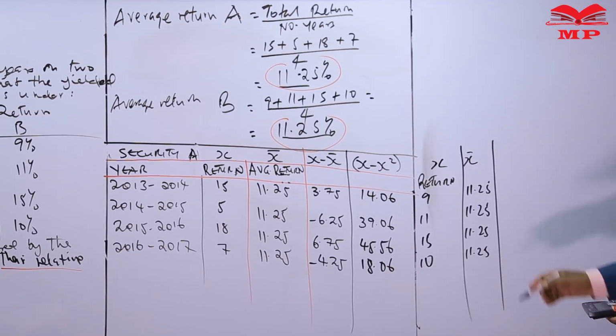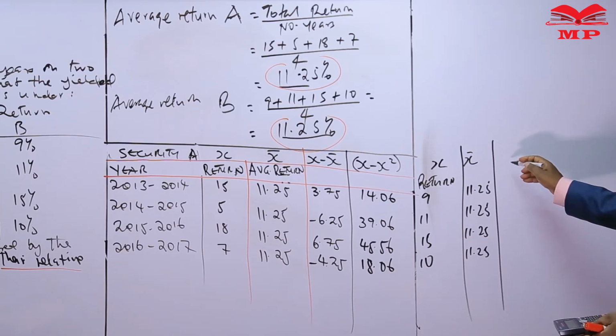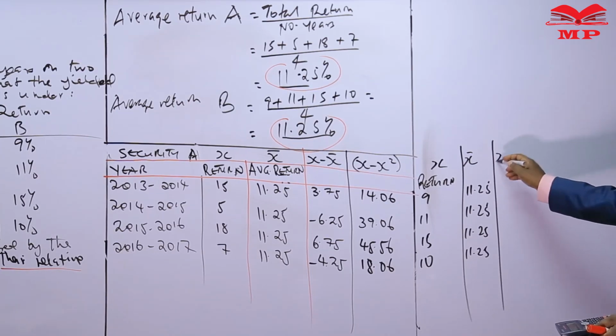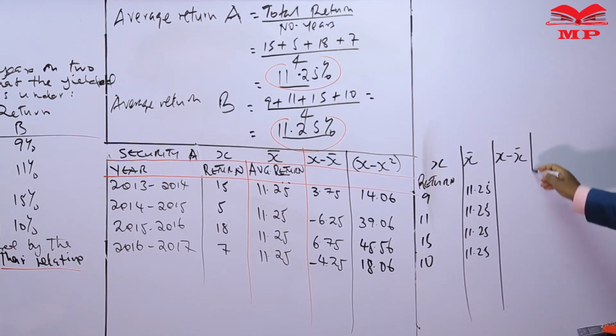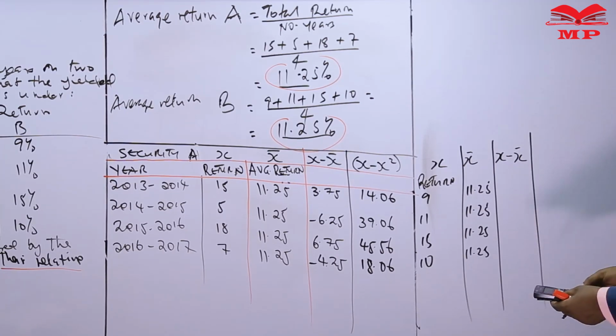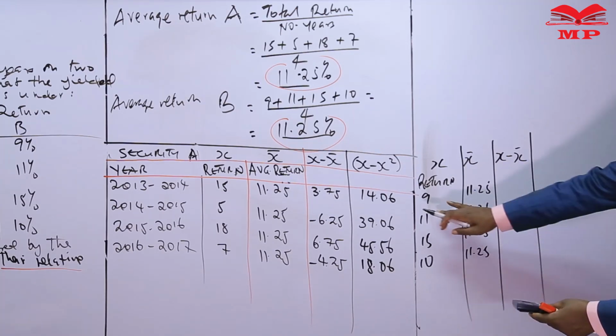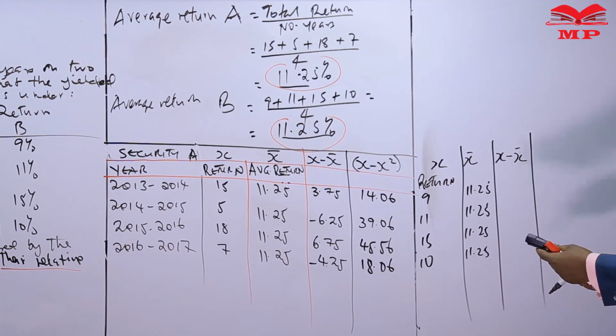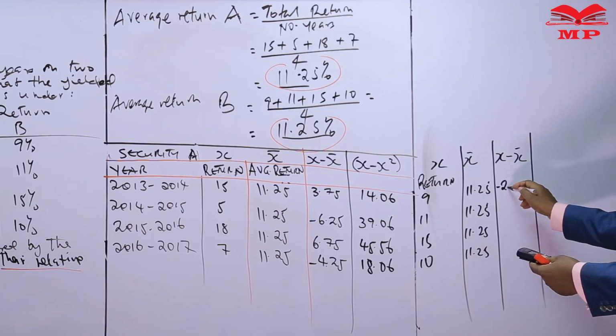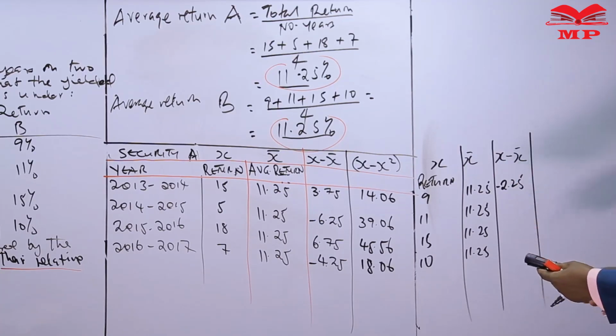The deviation here, X minus X bar, the average. We take the 9, X, minus 11.25, this is equal to negative 2.25.